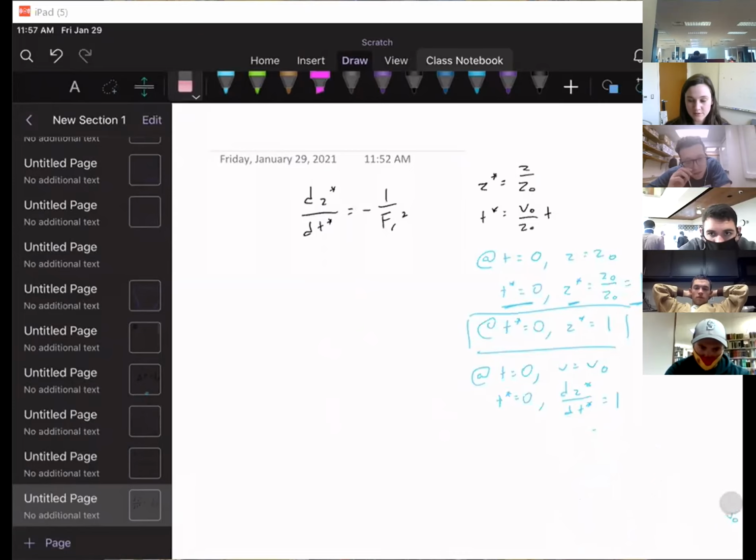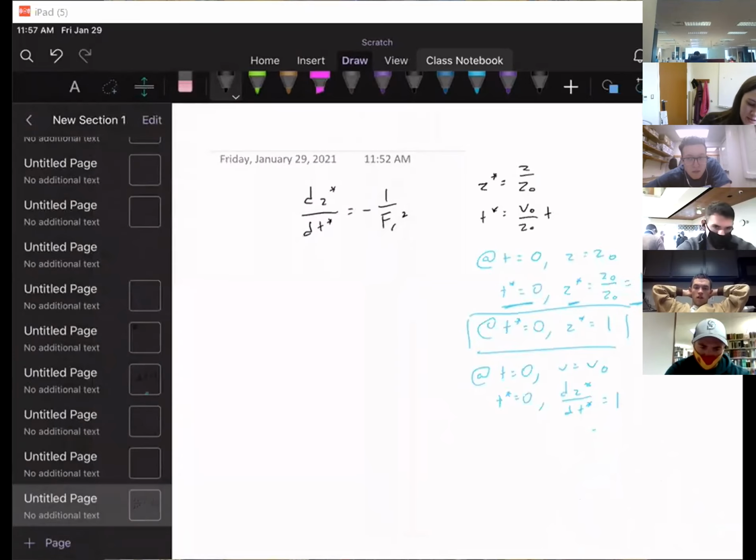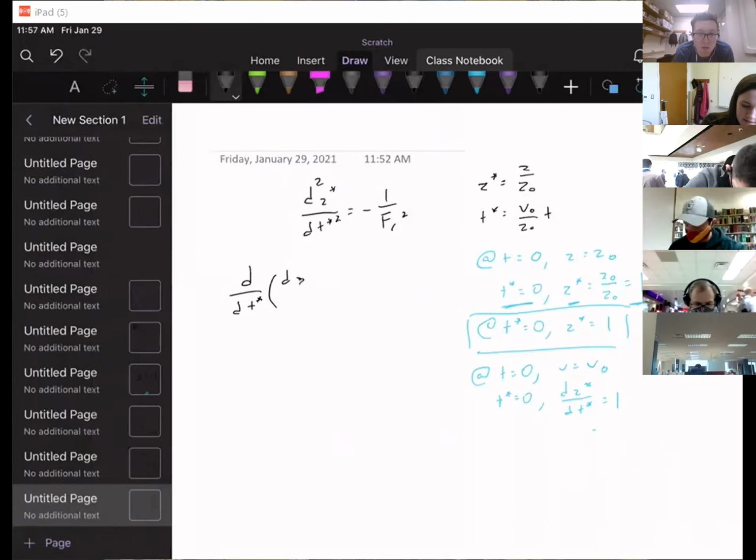Okay, so I've got my two boundary conditions. Now I'm going to integrate. First I'm going to rewrite this differential equation as d dt star of dz star dt star.